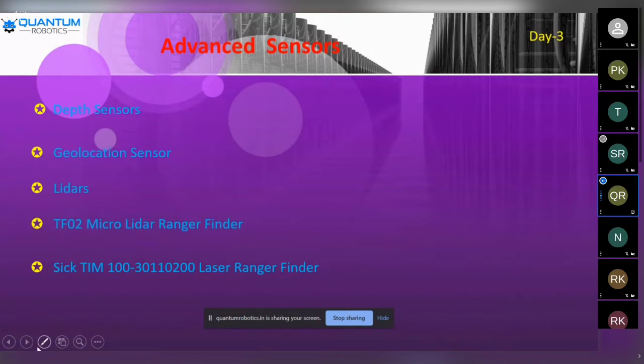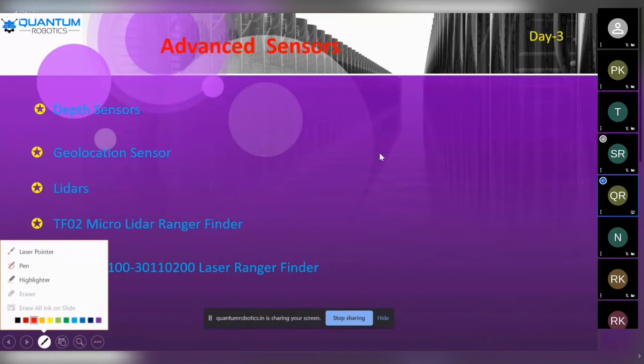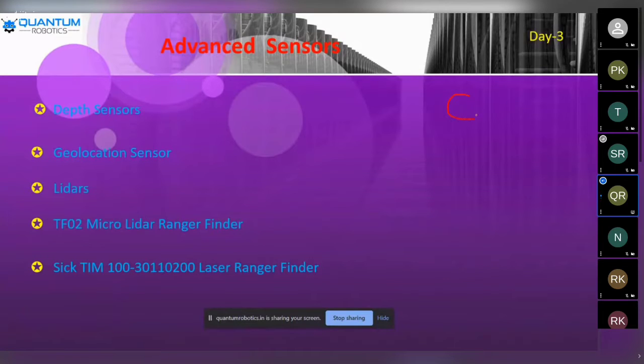But if we go to a robot, if we assume a robot has picked one object, how does it know that it has picked one object? It can sense it by using the gripper sensors.